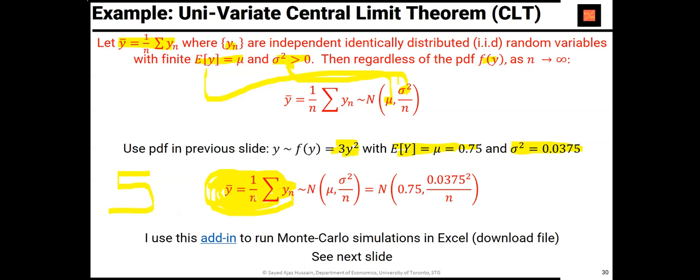If I repeatedly keep finding the sample mean of 5 things, it should be looking normalish, bell curve-ish, whose center should be sitting around 0.75, and whose variance should be 0.0375 divided by n, which n of course is equal to 5 over here. Agree? So let me show you how to do this in Excel.